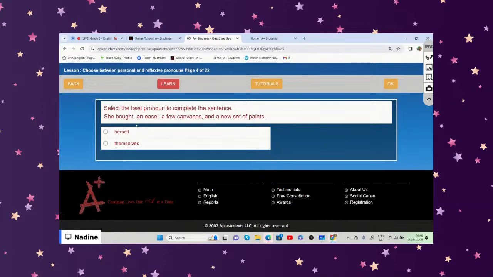Remember, when it comes to the reflexive pronoun, the plural reflexive pronoun needs to refer to a plural subject, or a singular reflexive pronoun, which ends in self, needs to refer back to a singular subject.